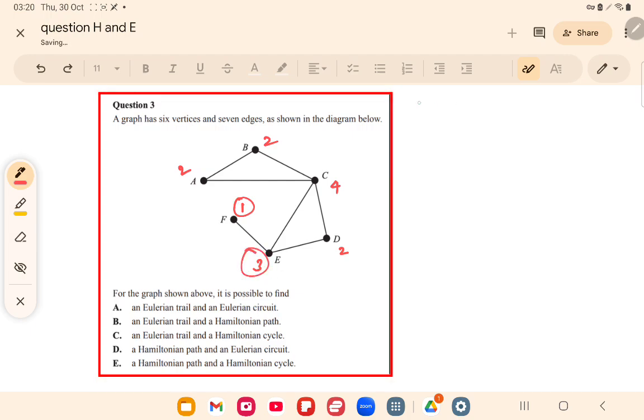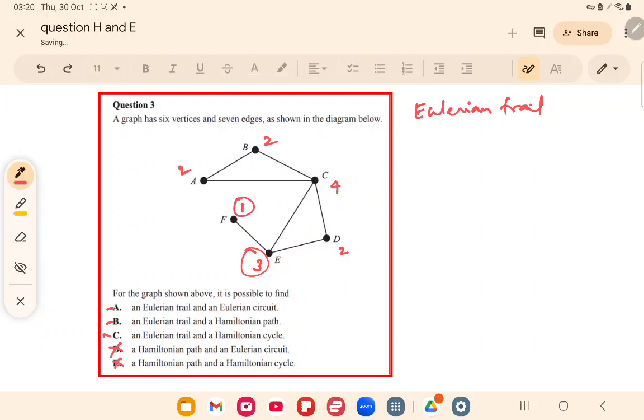So definitely it is an Eulerian trail. So that leaves you with C, B, and A as options and helps you eliminate D and E.